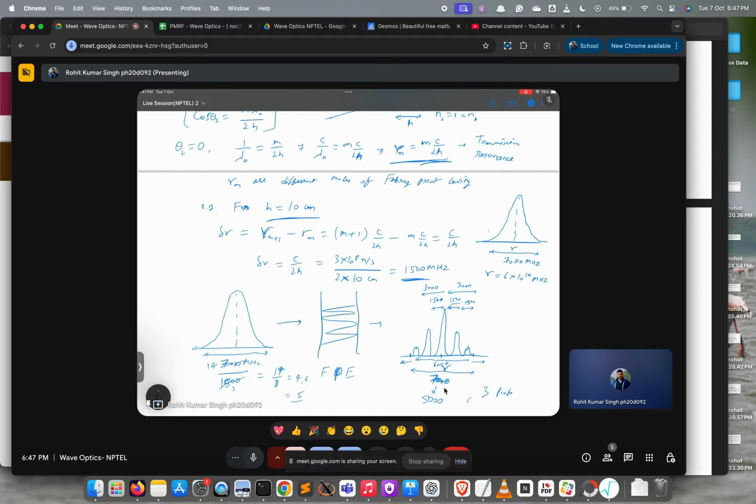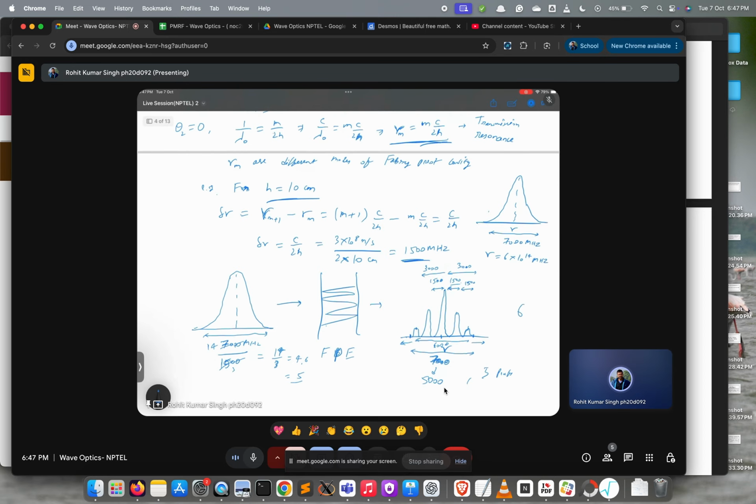How many peaks can there be in that range? So you have 7000 megahertz total range, and in the output there should be peaks separated by 1500 megahertz, right?